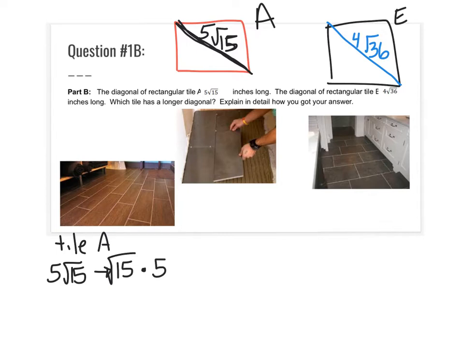When I put that into the calculator, I get a number that is approximately 19.3649, and then there's other numbers that are not repeating behind it.